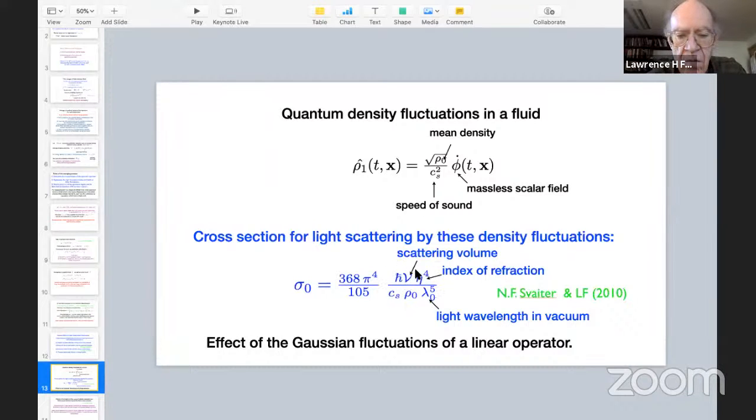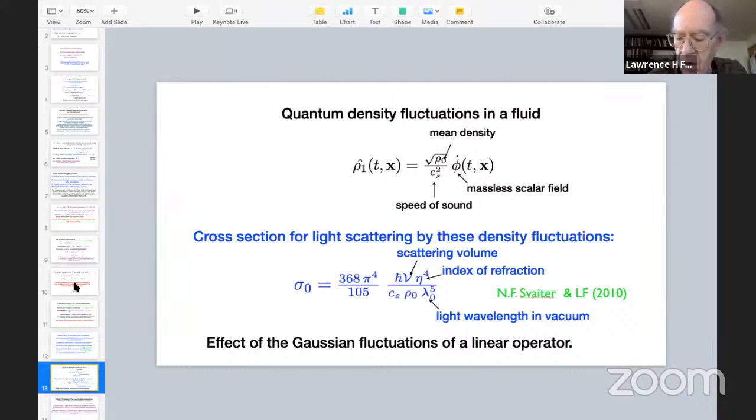It's basically proportional to the scattering volume, the index of refraction of the fluid at the wavelengths you're dealing with to the fourth power, divided by the speed of sound, the mass density, and the fifth power of the mean wavelength. And as we argued in this paper 10 years ago, this does seem potentially observable, but so far no one has managed to observe it yet. But it's still possible that these fluctuations could be observed.